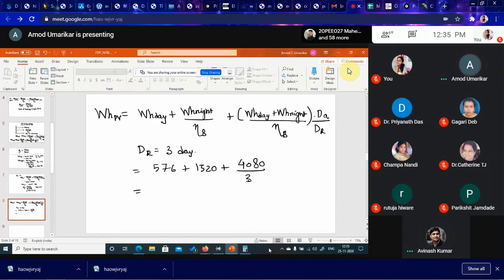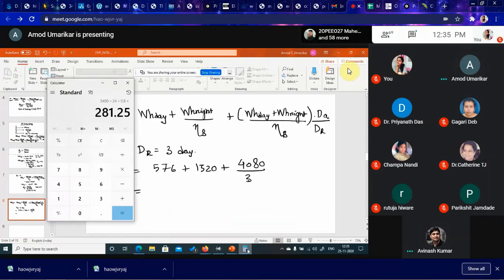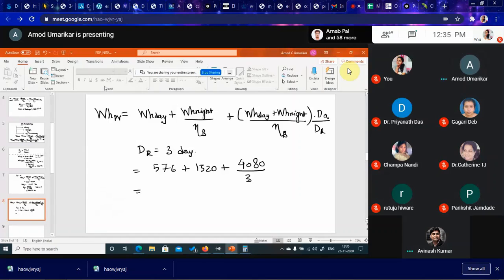So this will be 4080 upon 3, 1360, plus 1320 plus 576. This will be 3256 watt hour.